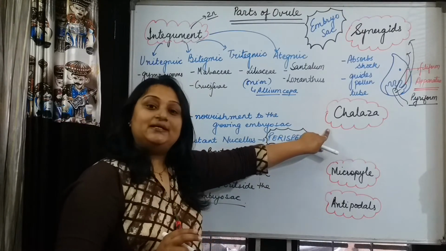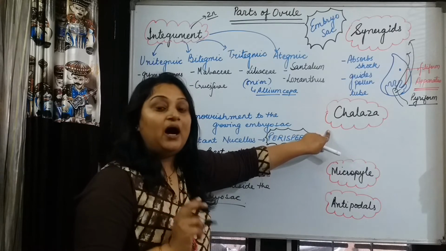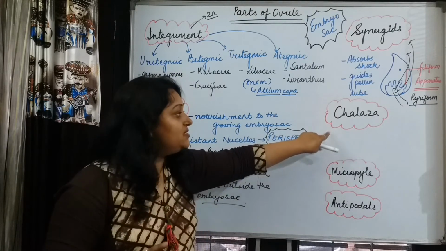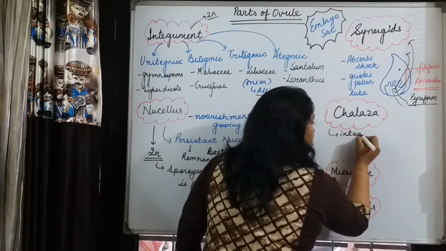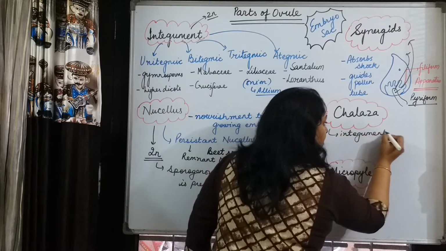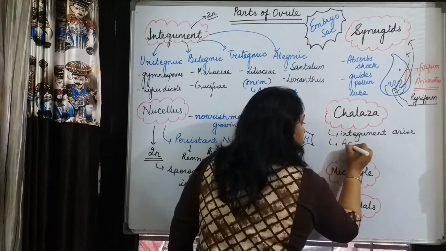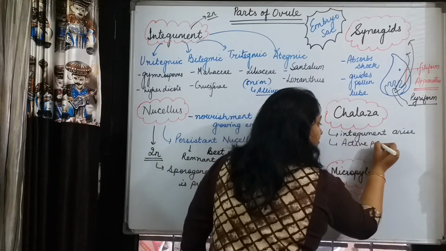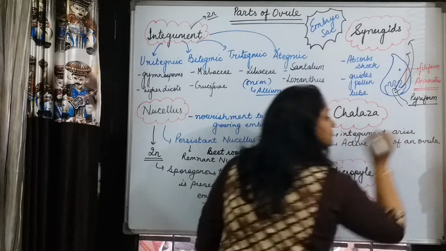There is one chalaza end. The chalaza end is a very, very active part of an ovule. This is the part from where the integuments arise. Therefore, it is called an active part of an ovule.